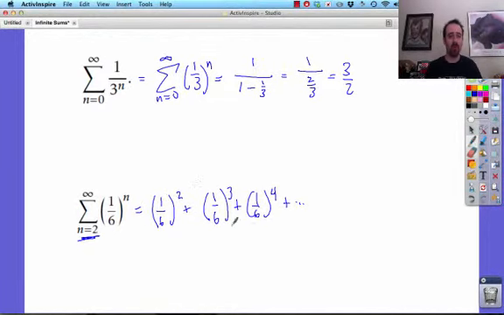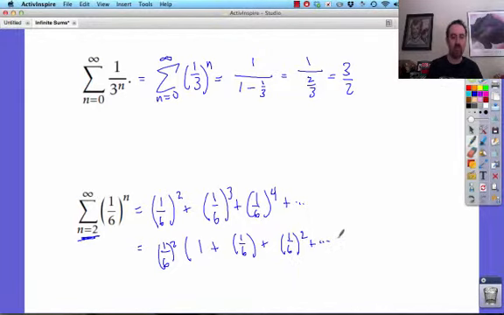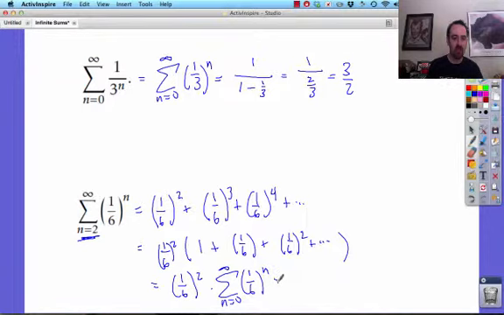Now, there's a common term here: 1/6 squared. 1/6 squared times 1 plus 1/6 plus 1/6 squared plus dot dot dot. So this can really be written as 1/6 squared times the sum from 0 to infinity of 1/6 to the n.